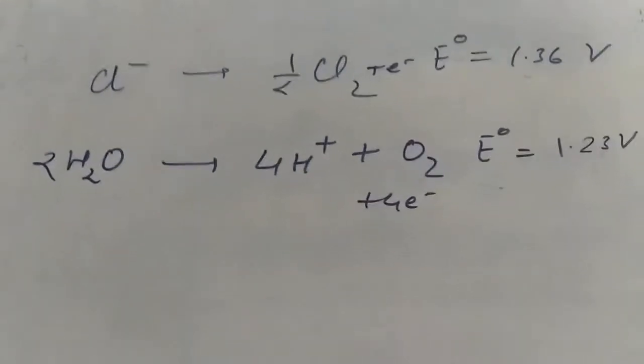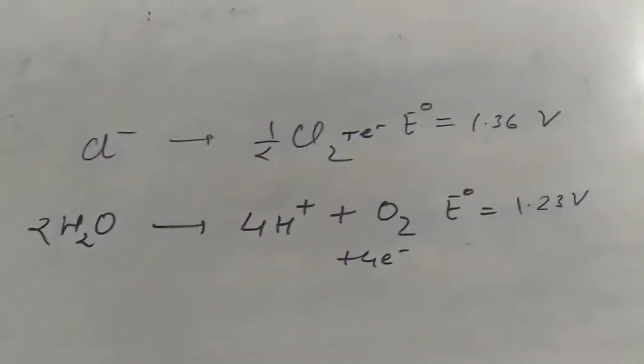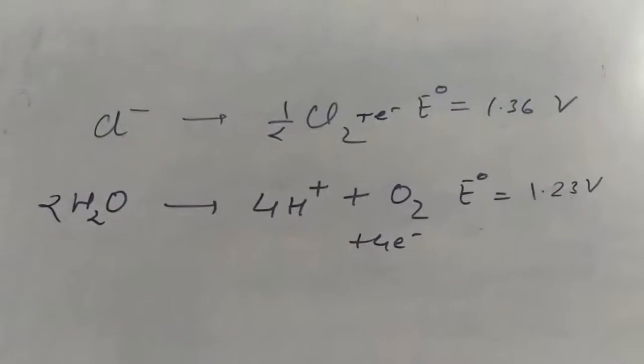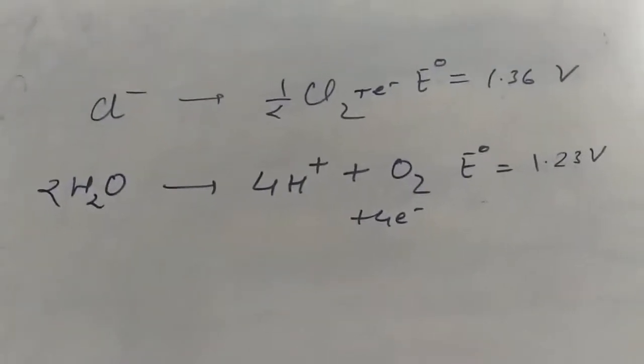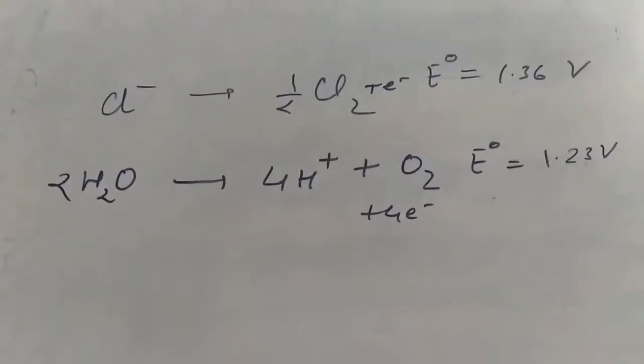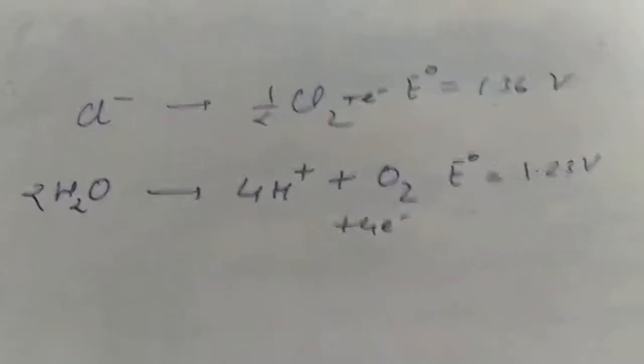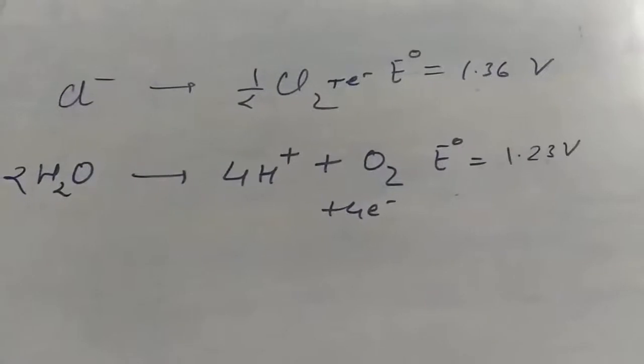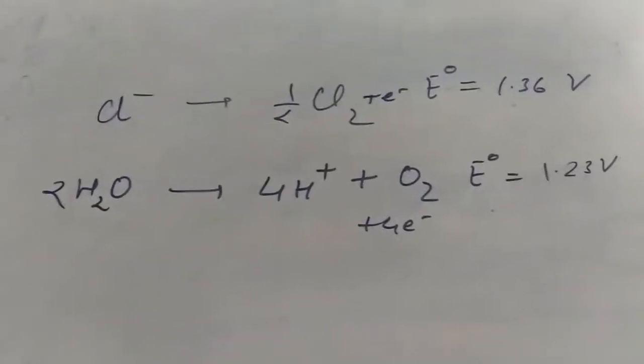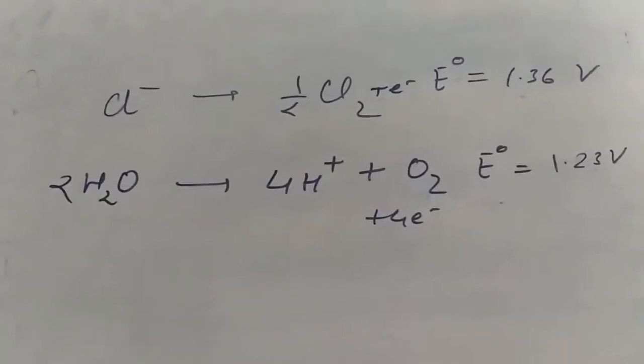So when you are electrolyzing aqueous solution of NaCl, H plus is preferably reduced, that we already discussed earlier. But the question is who is going to oxidize? These potentials are telling me that water should preferably oxidize rather than Cl minus.